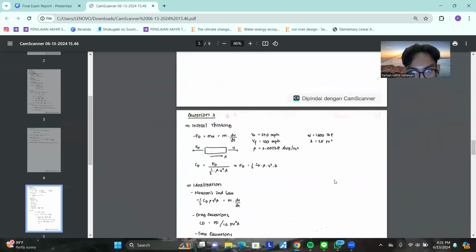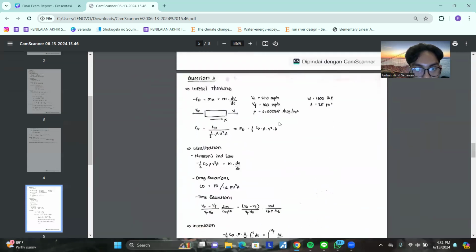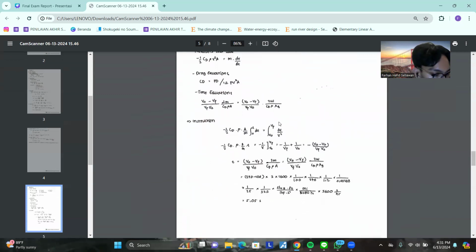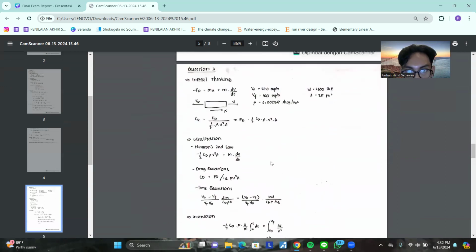The 0.00238 ini is rho from the junction. Okay, 8 times 1 per 5525 times 1 per 32.2.